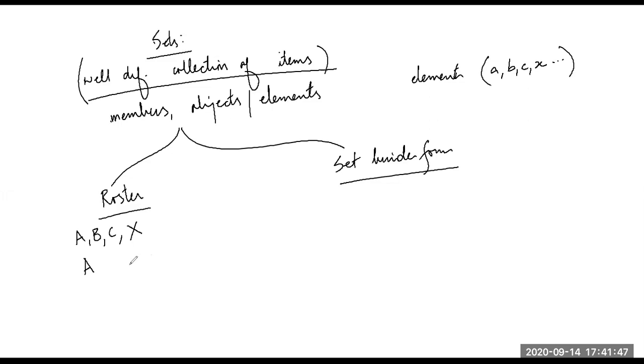Let me first write the vowels: A, E, I, O, U. In roster form, I just separate each member by commas and put them in braces. This becomes my set, so A is equal to this set. This is the roster form.